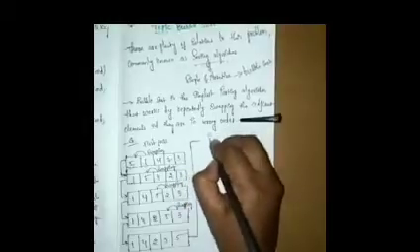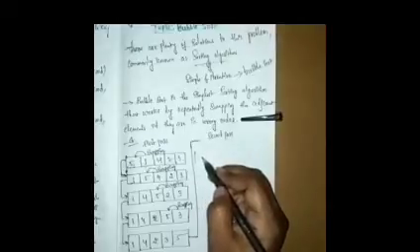Here I am doing the second pass. So in this second pass, what do we have here? 1, 4, 2, 3, 5.